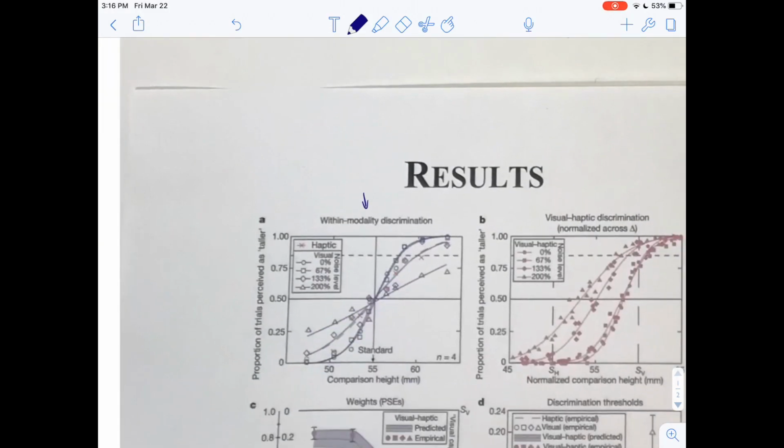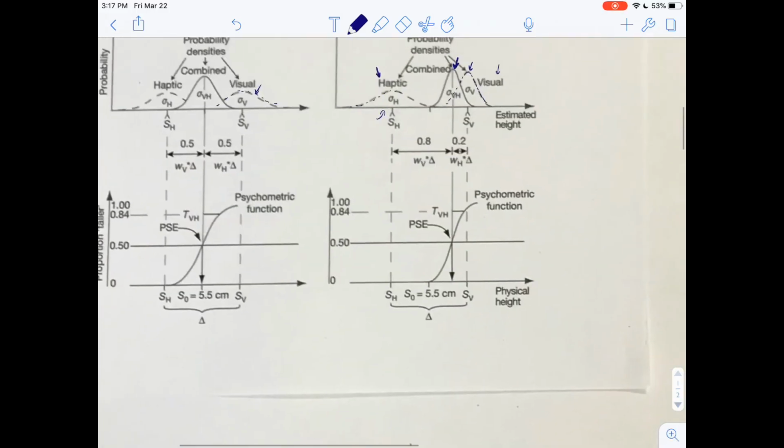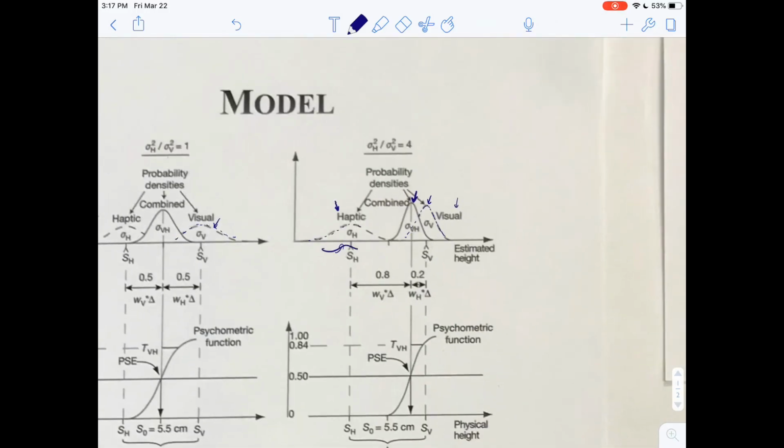So in this graph, you see a total of 5 lines. 4 of them represent the psychometric functions for 4 different noise levels, and you also have the haptic psychometric function. So all of these are done with only one stimulus at a time. So it's either vision only or touch only. So basically what you're getting from these experiments is the properties of the haptic Gaussian and the visual Gaussian.